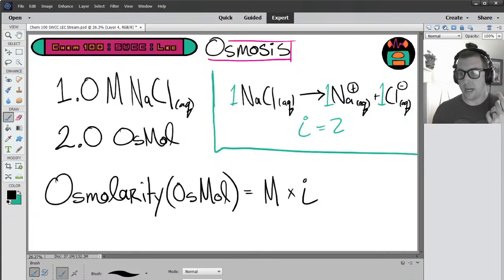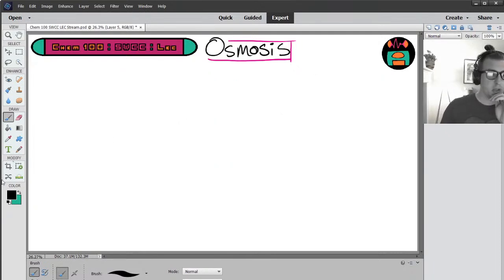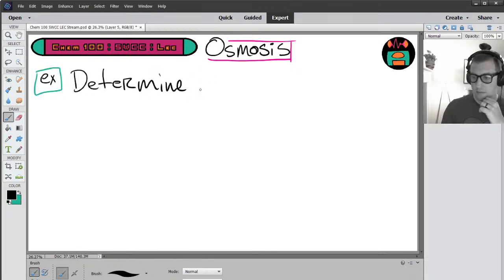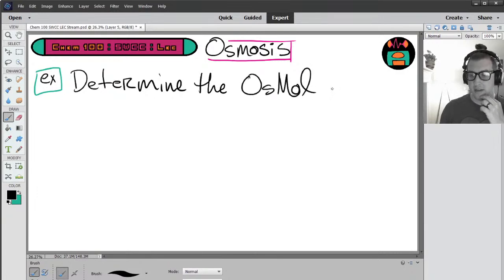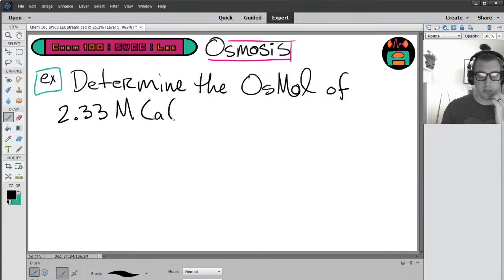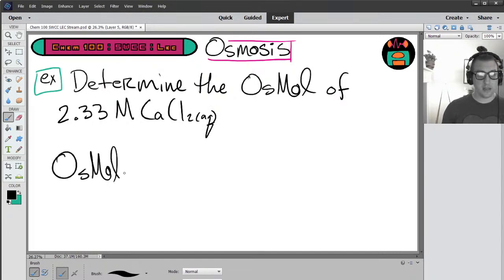All right, so another example. If I asked you to determine the osmolarity of a 2.33 molar solution of aqueous calcium chloride, we know that the osmolarity is equal to the molarity times the Van Hoff factor.